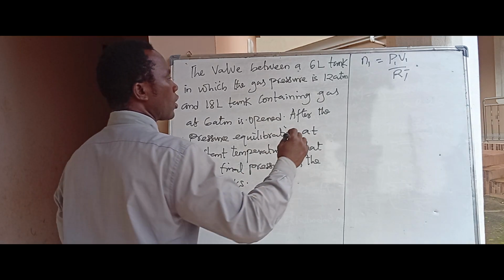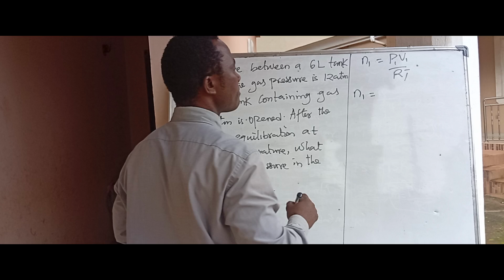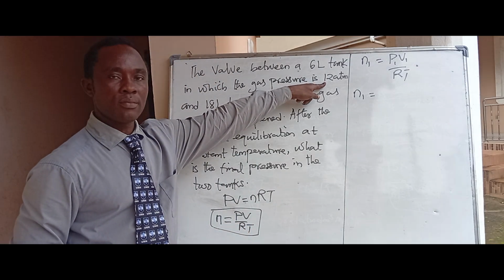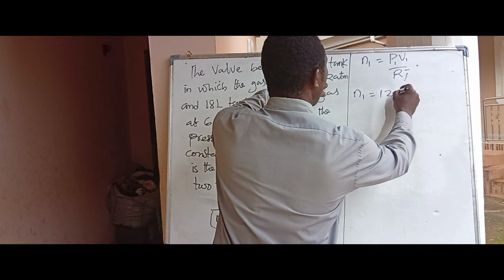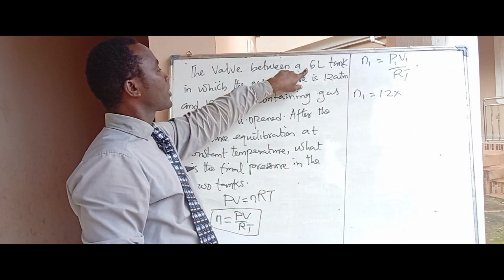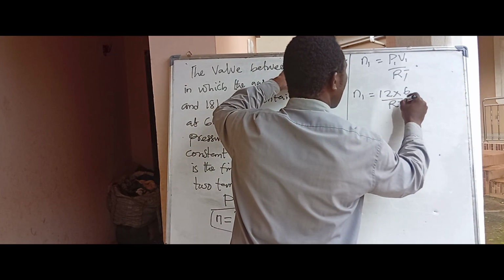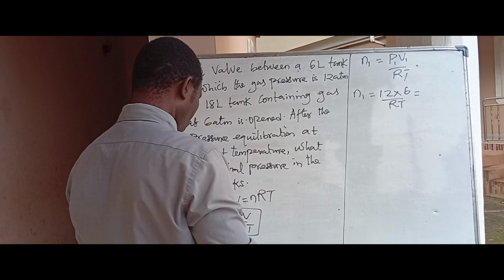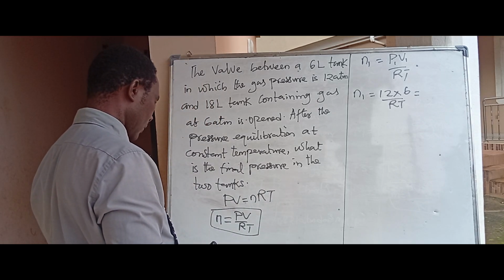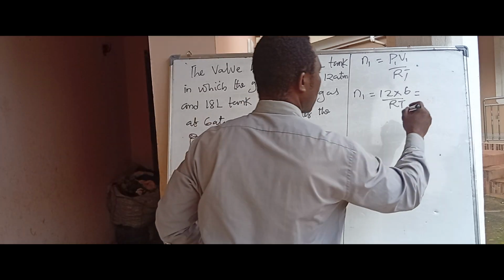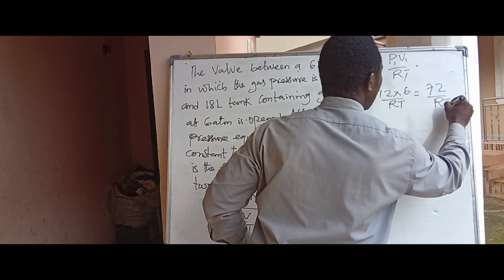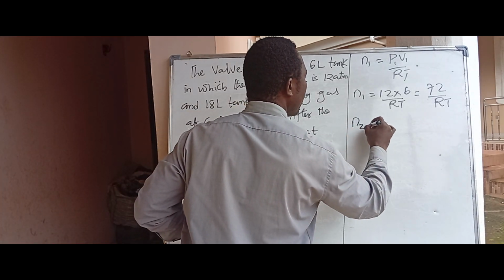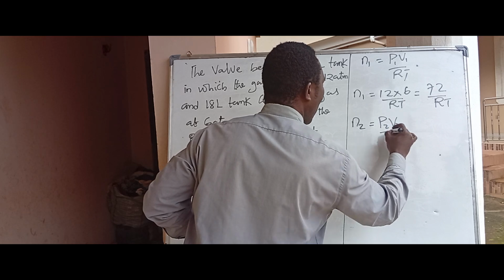Now, the number of moles of the first gas, N1: our P1 is 12 atm, so that is 12 multiplied by V1, which is 6 liters, then divided by RT. 12 times 6 gives 72, so 72 over RT is my N1. What is my N2? N2 equals P2V2 over RT.